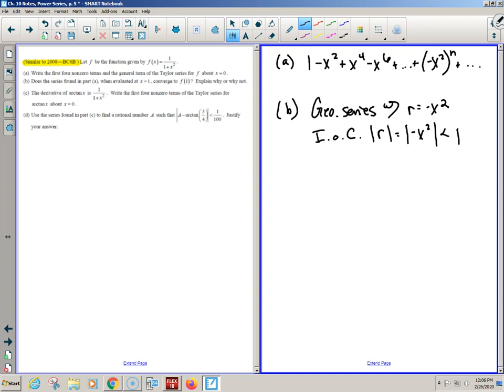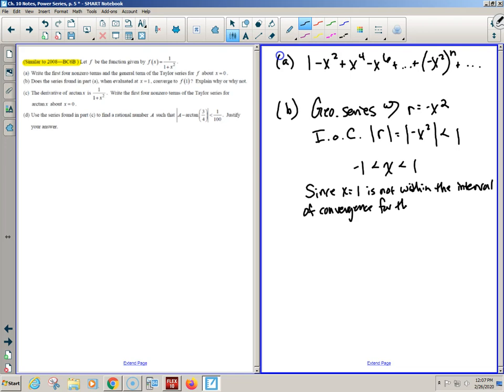So, sorry, convergence. Oh, hey, so when we do the convergence, don't we know that x needs to be in between? So what's bad about evaluating at 1? It's not inside the interval of convergence. So what am I going to say? I can say since x equals 1 is not within, you can say it's outside the interval of convergence for the series.